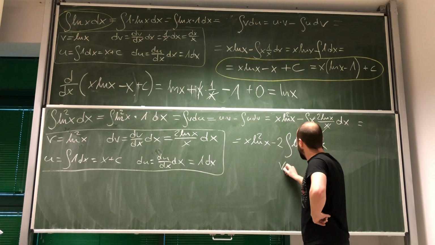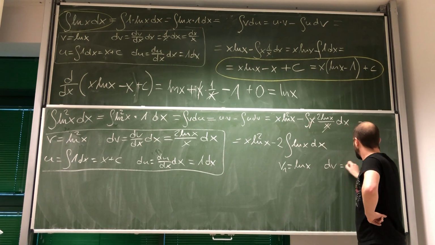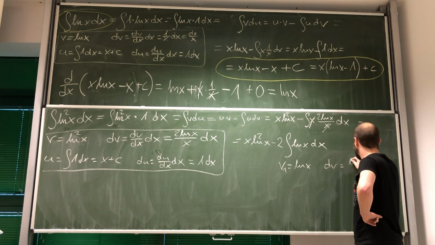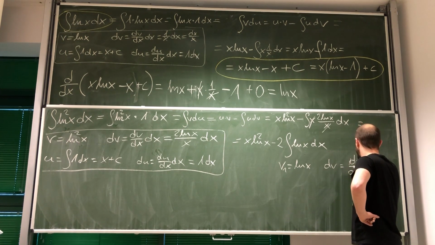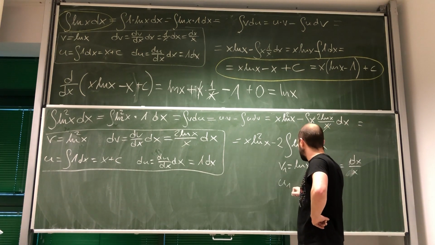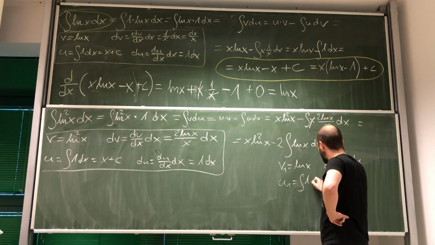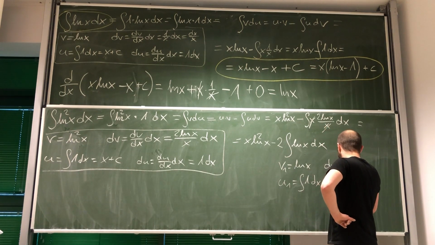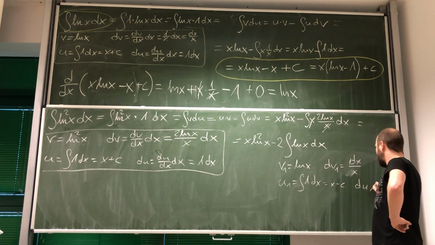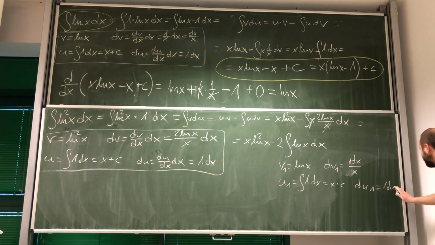So integrate v1, which would be equal to ln x, and then dv would be equal to dx over x, but this would be dv1. We would have to introduce u, which would be equal again to integral of 1, which would be equal to x plus c, and du1 would be equal to 1 dx, I'm sorry, du1/dx.